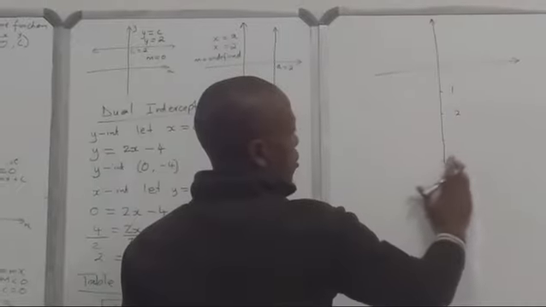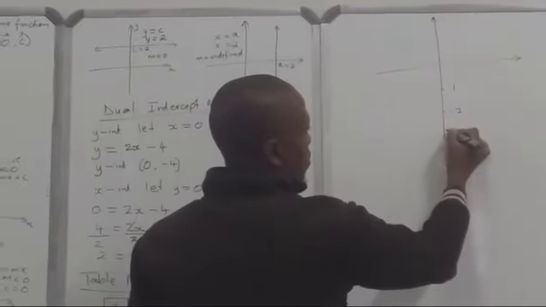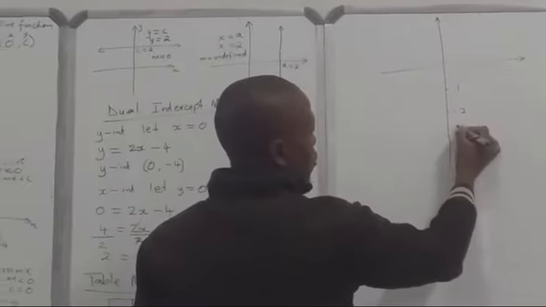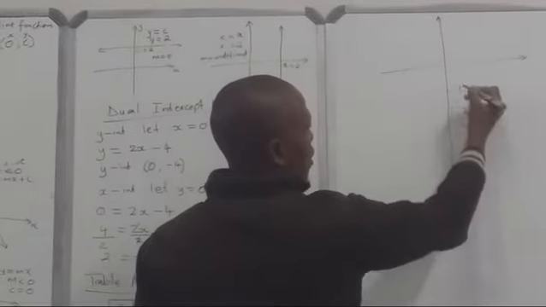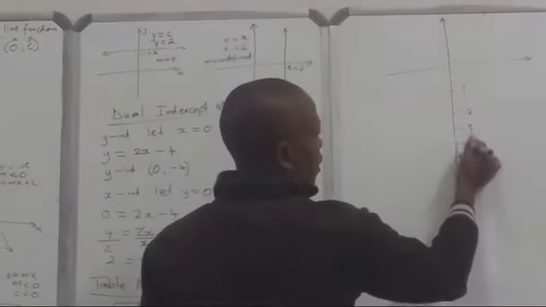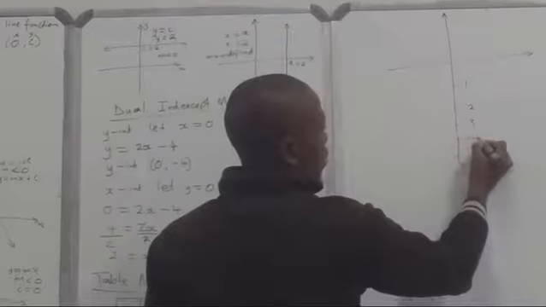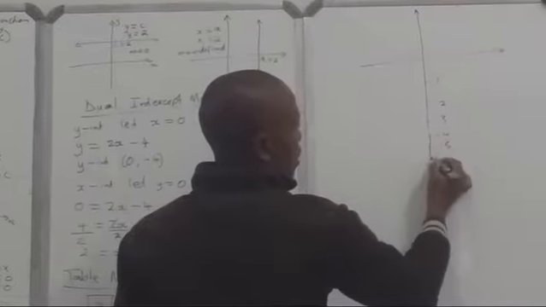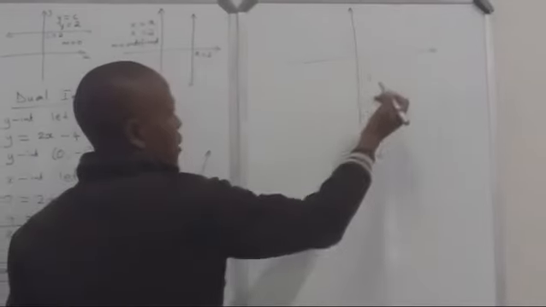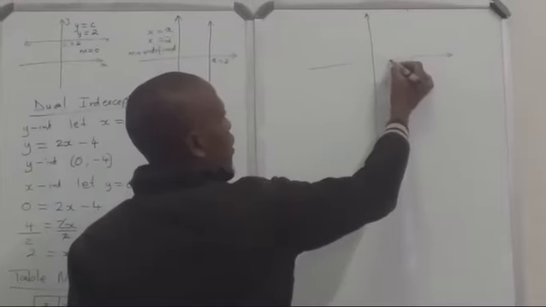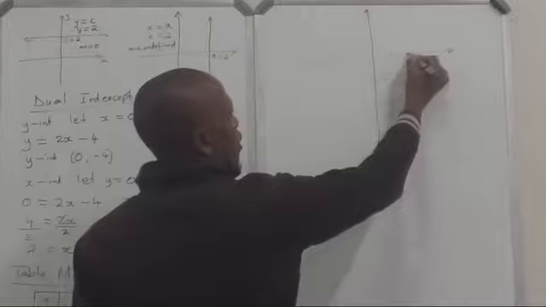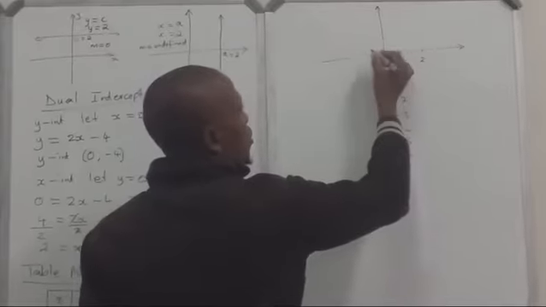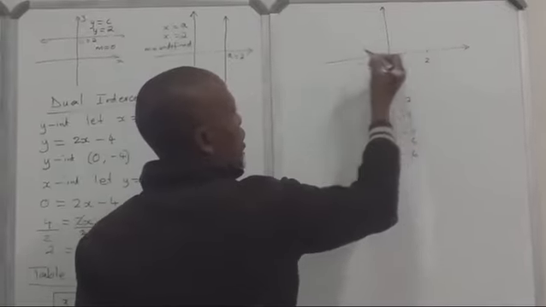Okay, let me change my points. Let's write a negative 3 there, a negative 4 there, a negative 5 there, and a negative 6 there. Right here you could have your 1 and 2, this side negative 1.